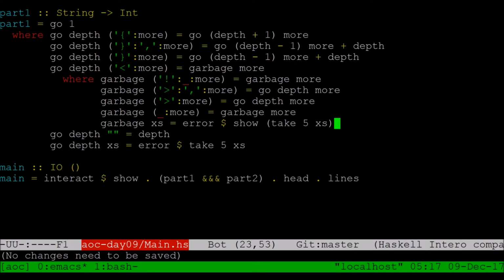So if we see a right angle bracket, we go back to the top level. We go back to go. Is that correct? I think so.